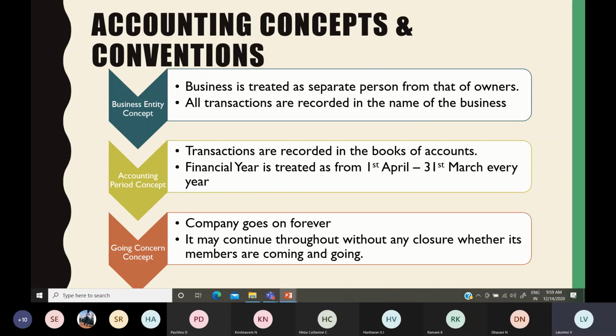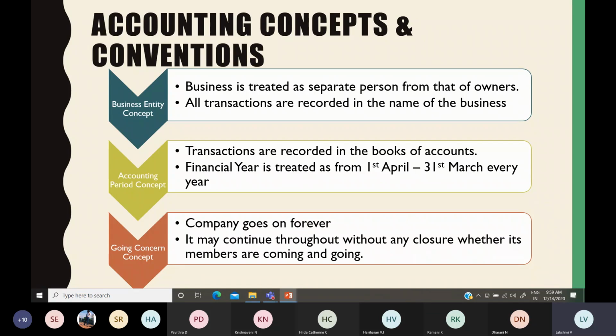But this is not the case for a large-scale business or a company registered under the Companies Act. There are a lot of members and shareholders for that company, and a lot of people are involved.